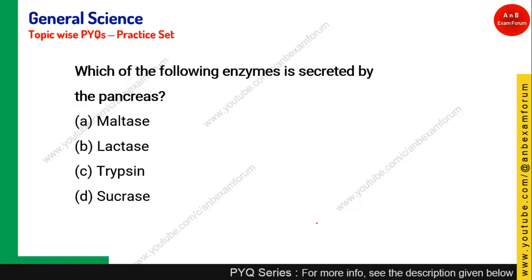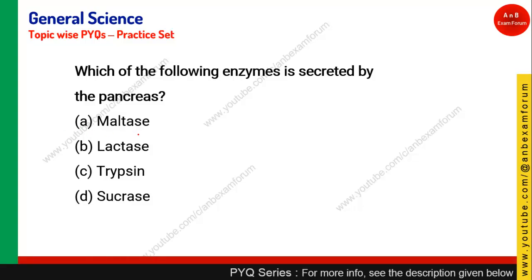Let's see the next question. Which one of the enzymes is secreted by the pancreas? Let's see one by one. Maltase is basically intestinal juice, released by the intestine, the succus entericus.